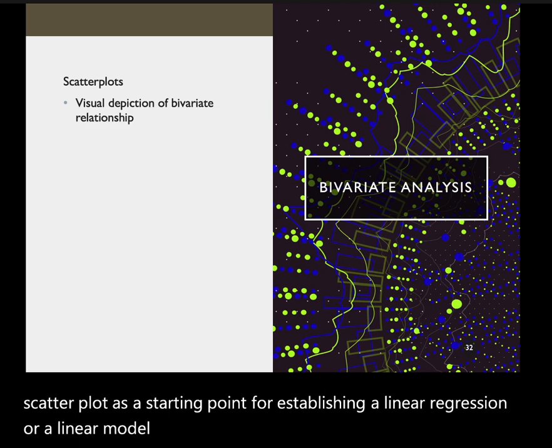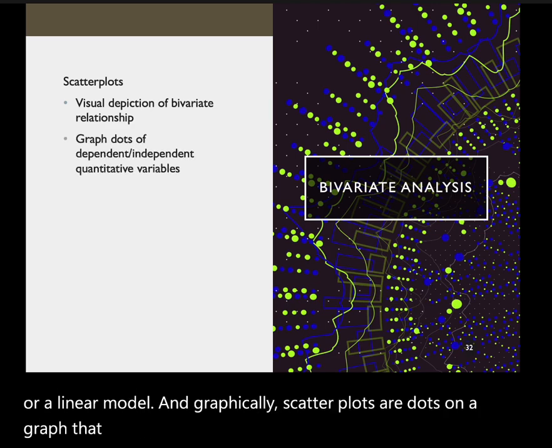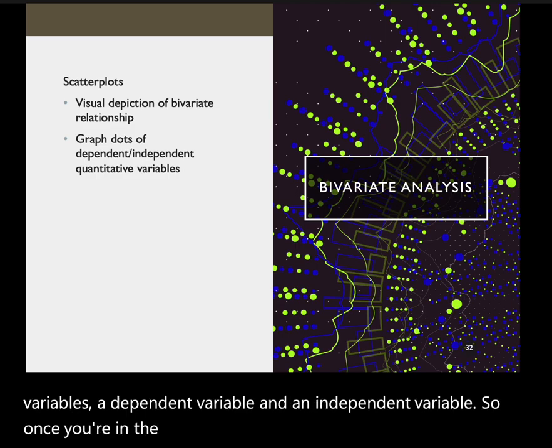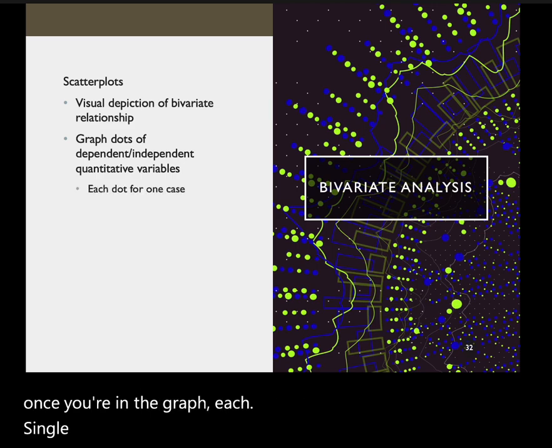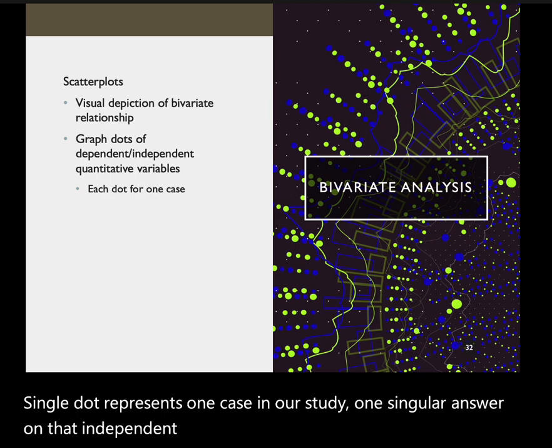And graphically, scatter plots are dots on a graph that represent a relationship between two quantitative variables, a dependent variable and an independent variable. Once you're in the graph, each single dot represents one case in our study, one singular answer on that independent variable in relation to the dependent variable.